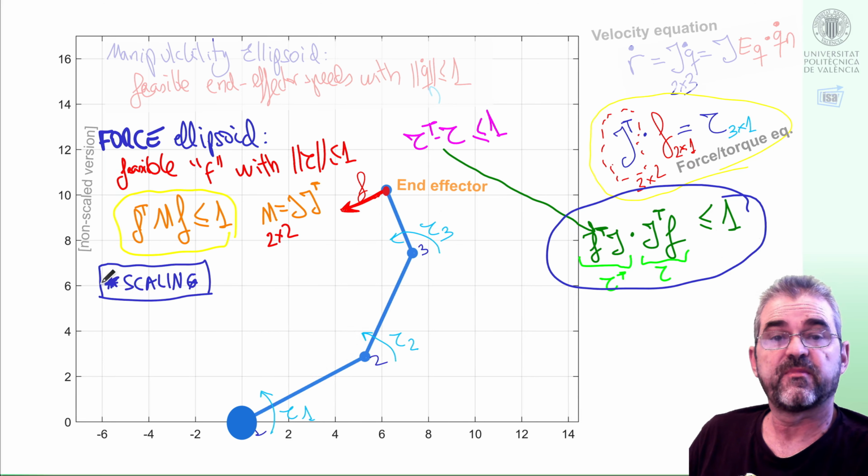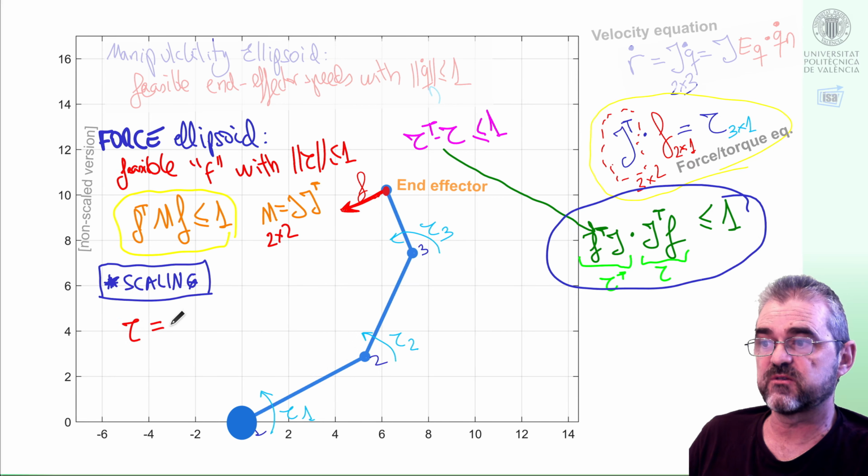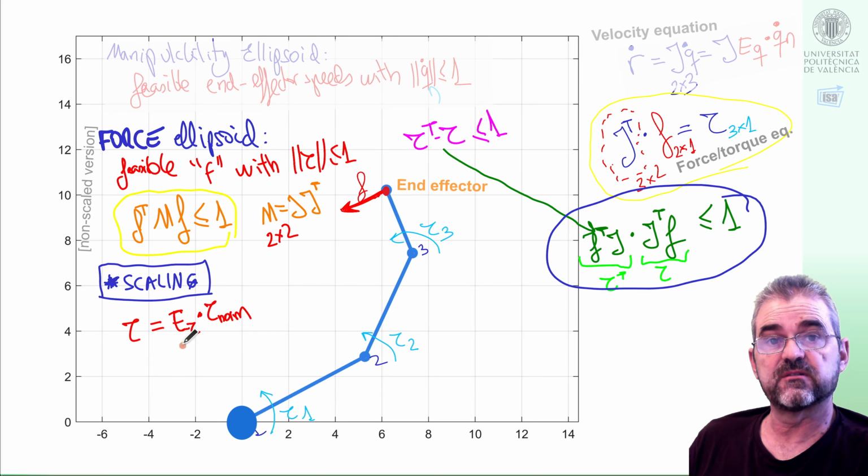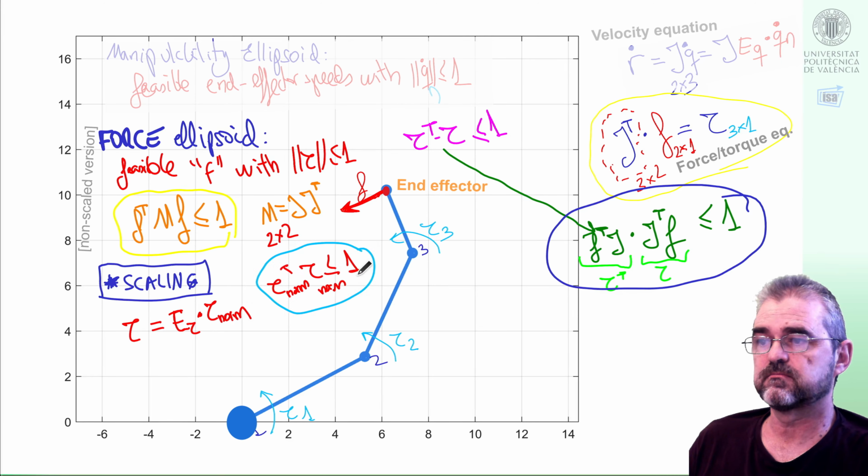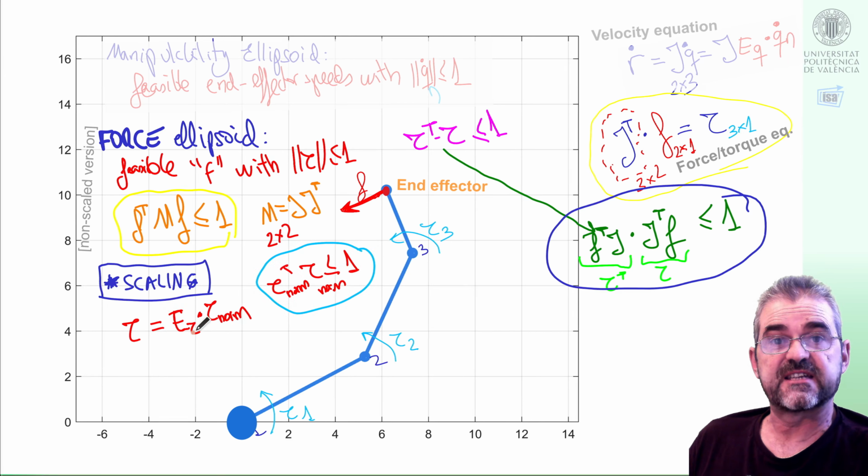So if we define our scaling as tau in physical units equal to some diagonal scaling matrix E tau times a normalized tau, so this normalized tau is the one that must be in the unit sphere, this scaling will contain in the diagonal elements the maximum joint torque of each of the joints.